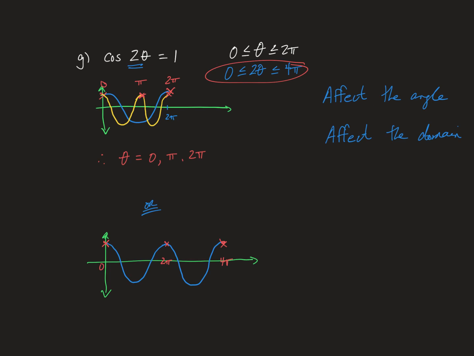So how do I come up with my solutions then? Well, whatever my angle is, which the inside of my cos right now is 2 theta, has solutions at 0, 2 pi, or 4 pi.